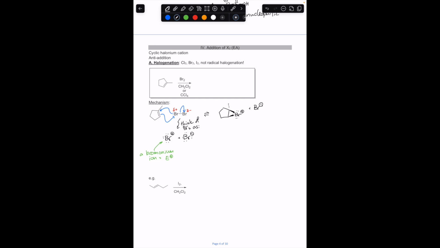Now, it's kind of like the protonated epoxide we discussed before, but between the two carbons here, the carbon that can bear more of the partial positive charge is the one that's more substituted, this carbon. And so for that reason, if this awkward three-membered ring bromonium ion intermediate would open up to get rid of the positive charge, this bromine wants electrons, so it wants to gain these two electrons to become neutral.